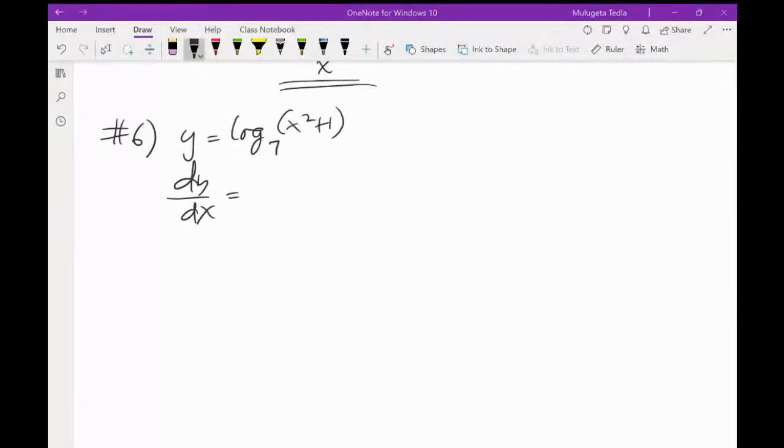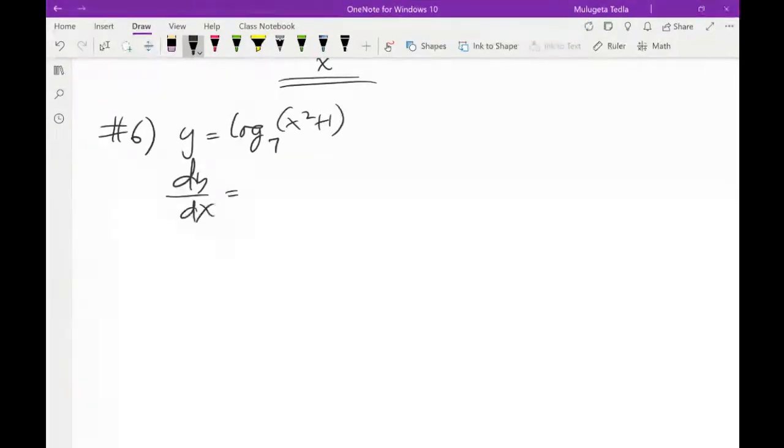Could you answer that if you want, or I could do it myself. Either way. Could I give the answer? Yeah, go ahead. Wouldn't it be 1 over x squared plus 1, times log of e to the base 7, times 2x?